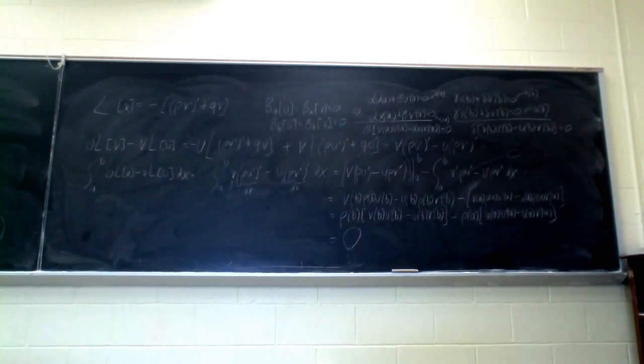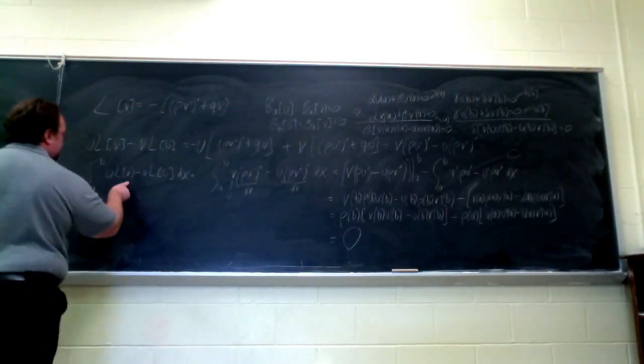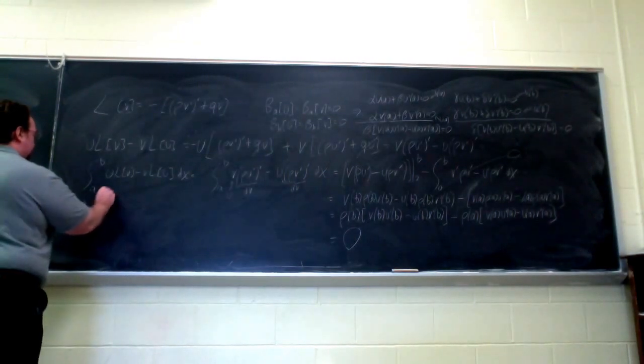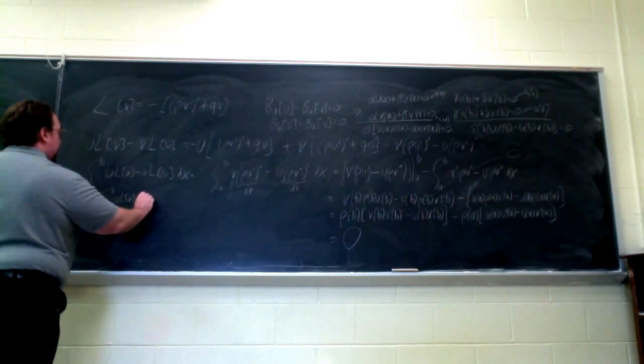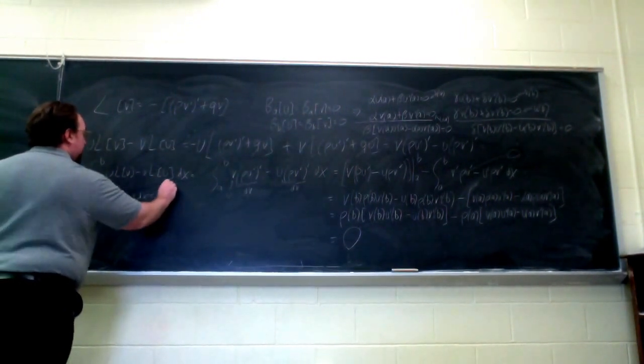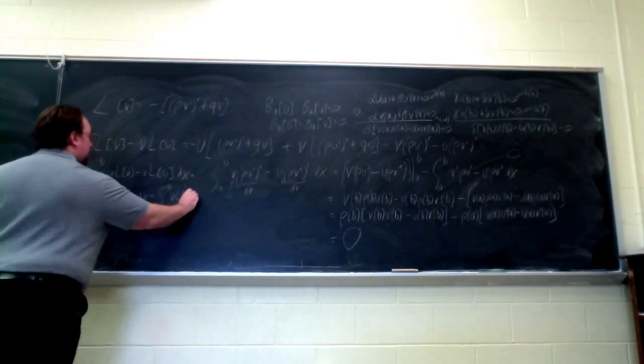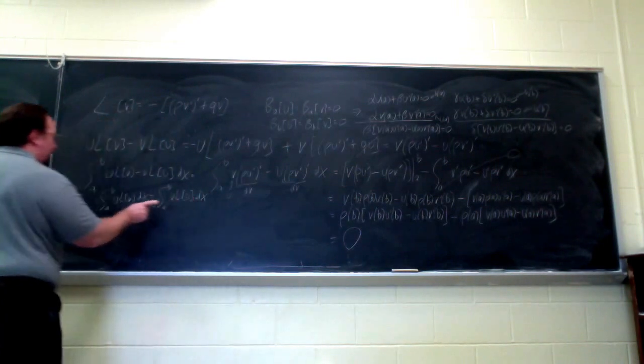Okay. Because that whole thing is 0, let's take a closer look at what we were evaluating in the first place. This is saying that the integral of u L v dx is equal to the integral of v L u dx. But these are inner products.